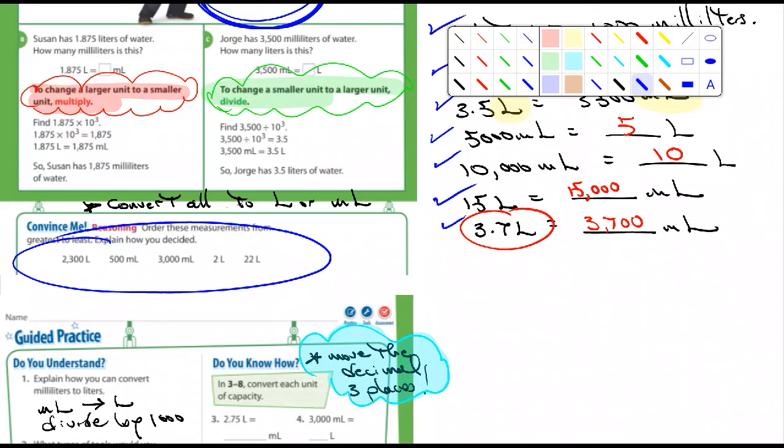Are there more in liters or more of them in milliliters? Mr. Fall. Ms. Gage. Are there more in milliliters or more of them in liters? Yes, no, don't know?